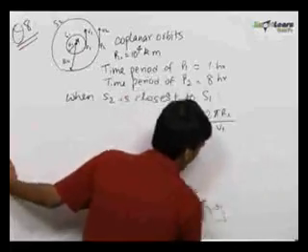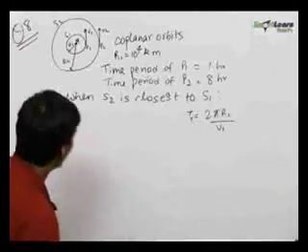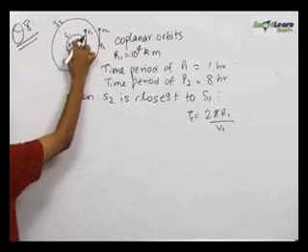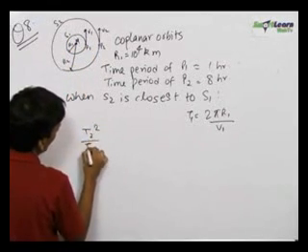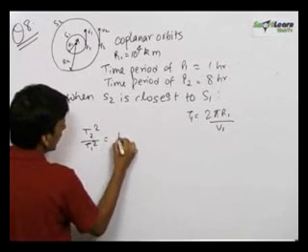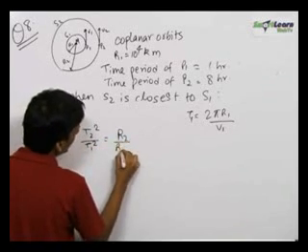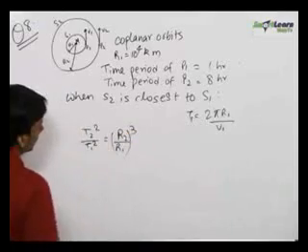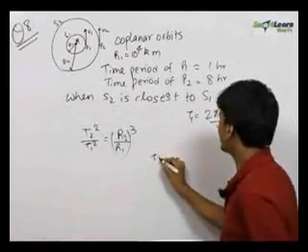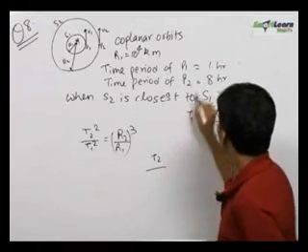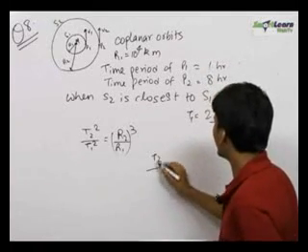Therefore, since both of these are revolving around the same planet, T2 square upon T1 square is equal to r2 upon r1 whole cube. From this we get T2 upon T1 is equal to 8.